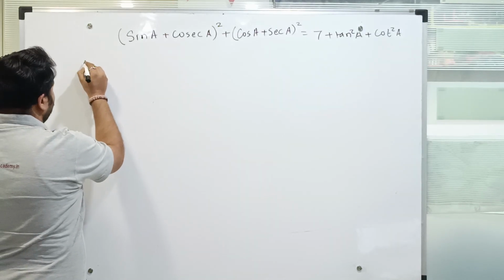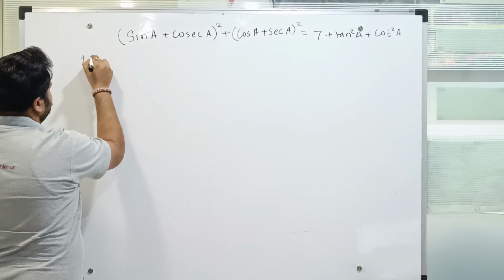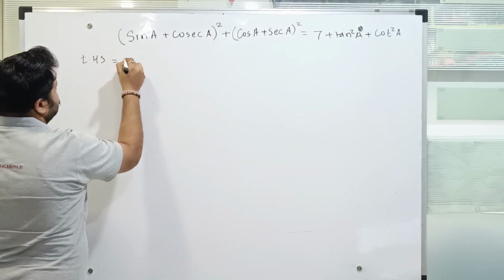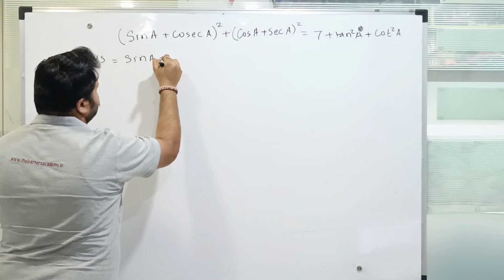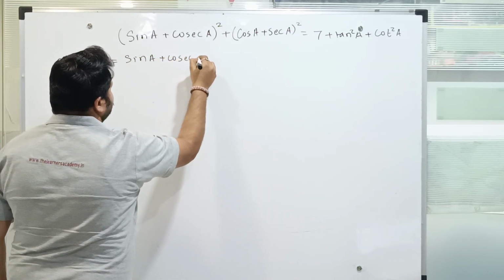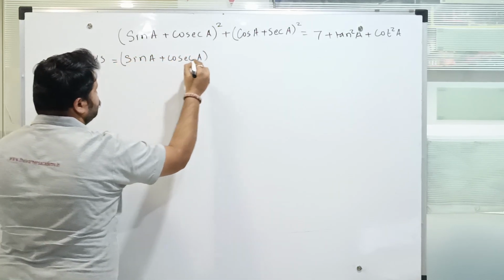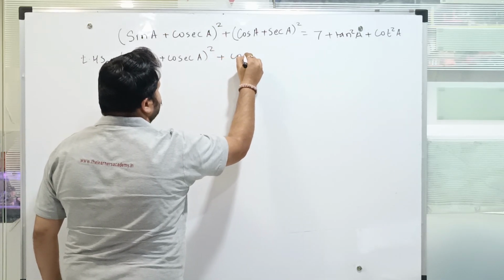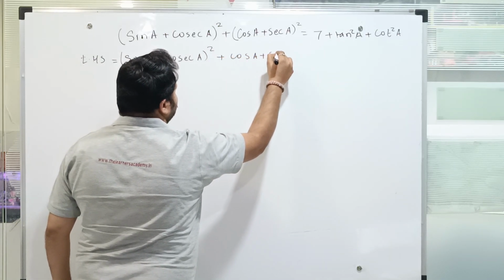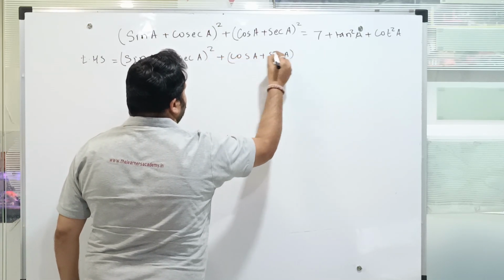So we have the LHS is equal to (sin A plus cosec A) square plus (cos A plus sec A) square.